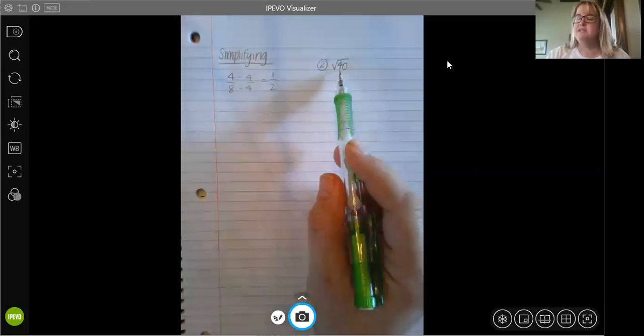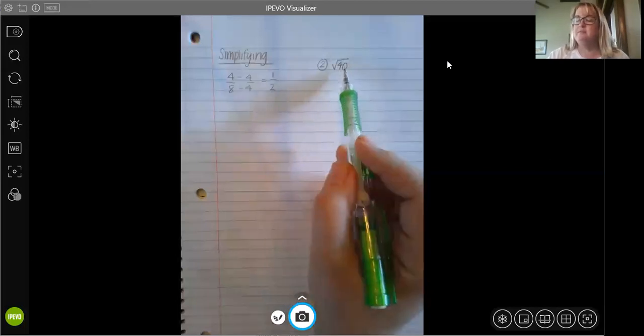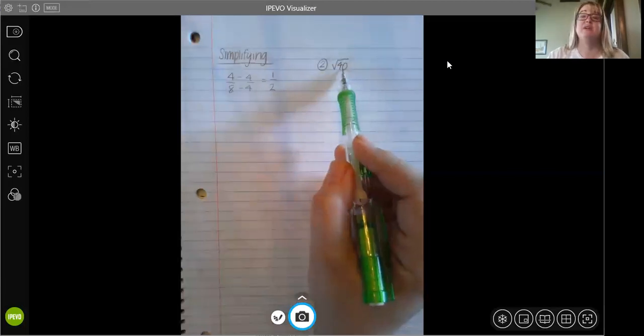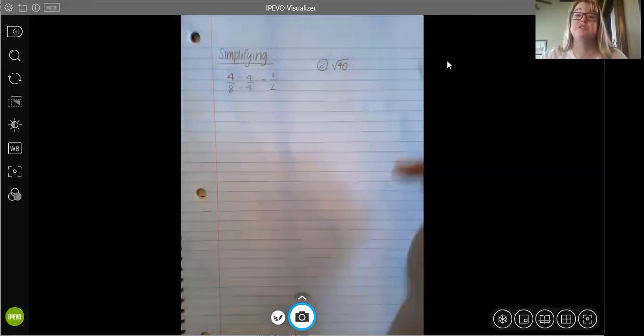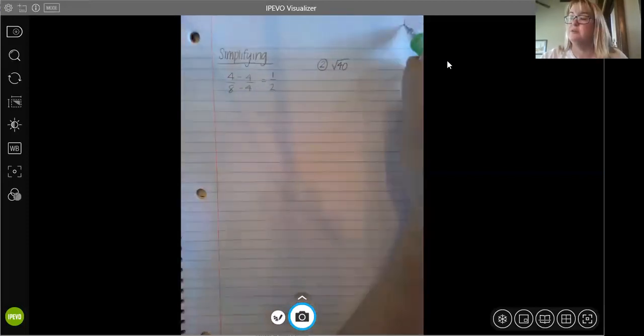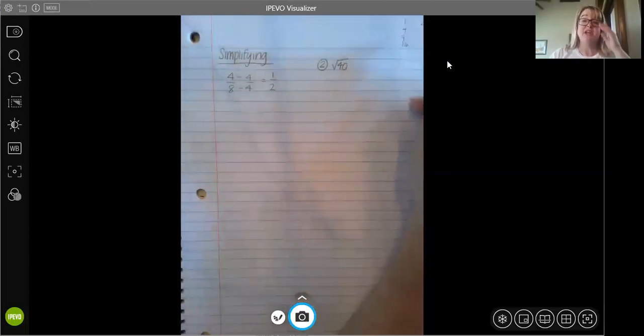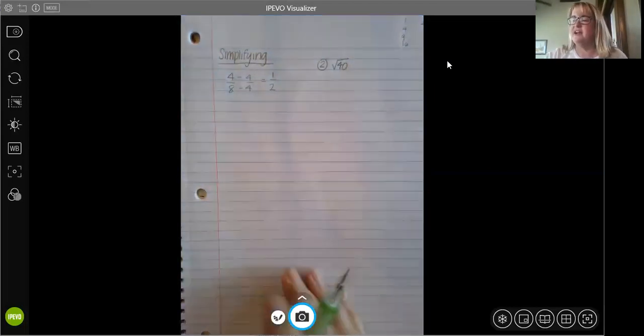So my first step is to look at 40 and think, what factor of 40 is also a square number? Well, what are our square numbers? Our square numbers are 1, 4, 9, 16, 25, etc.